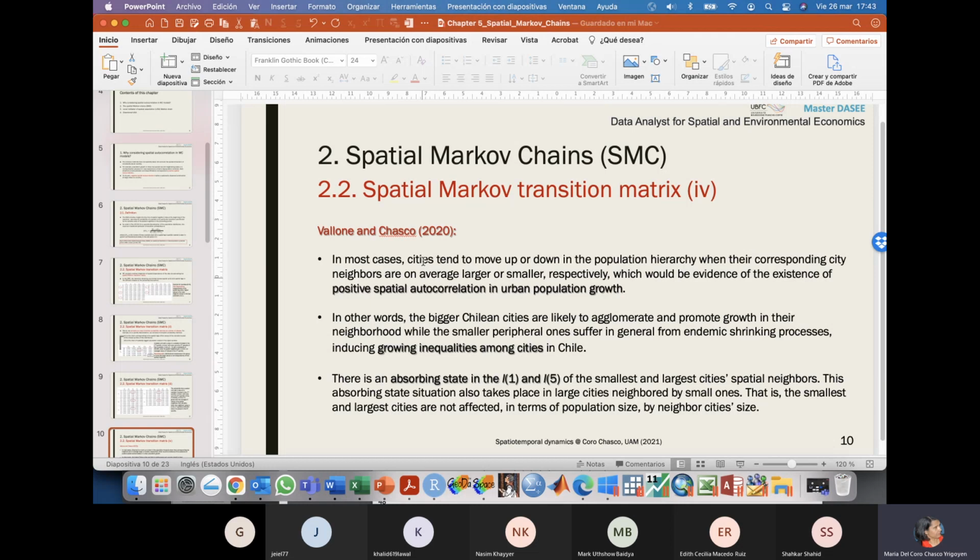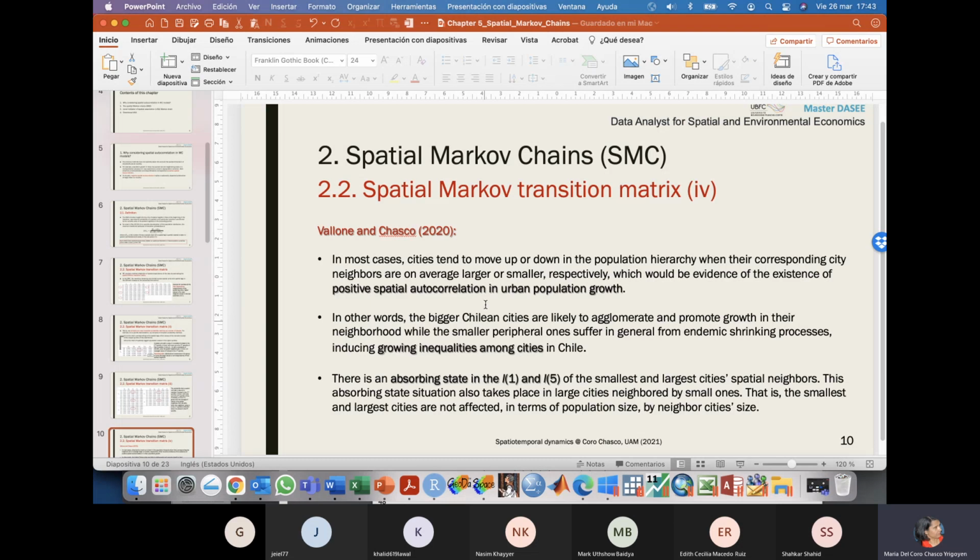So it is not indifferent. So it is affecting in general. Well, in the case of megalopolis, no, but we could see that spatial dependence was generally significant, okay? Which could be evidence of the existence of positive spatial autocorrelation.